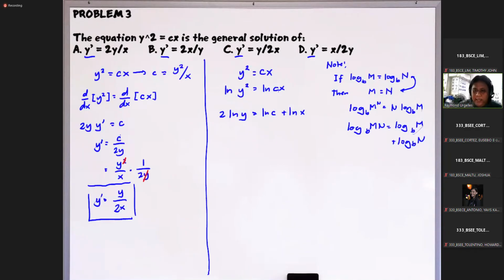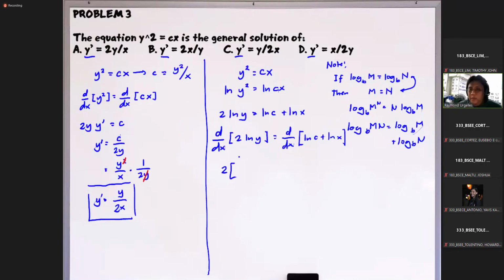So now we can get the derivative of both sides with respect to x. The derivative of 2 ln y should be equal to the derivative with respect to x of ln of c plus ln of x. 2 is a constant, so we can factor that out.